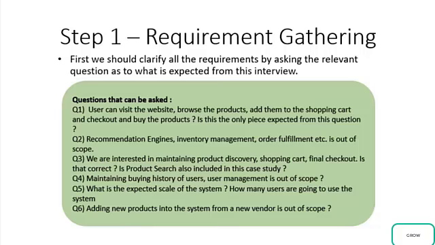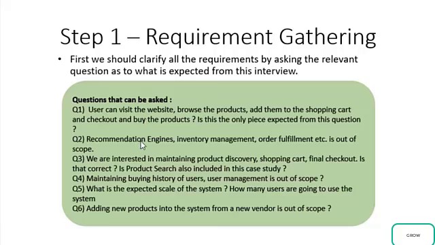For example, a user can visit the website, browse the products, add the products to the shopping cart, check out and buy the products. Is this the only piece expected from this particular interview question? If the interviewer says yes, that means your scope is decided here. This step helps you in deciding the scope of the problem.